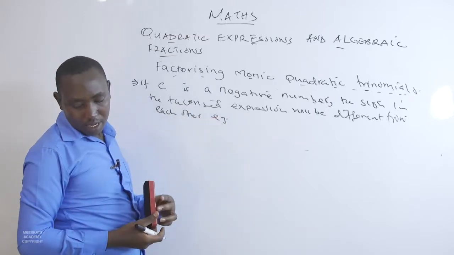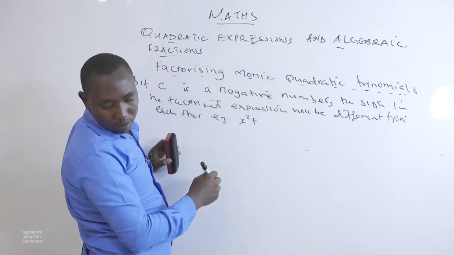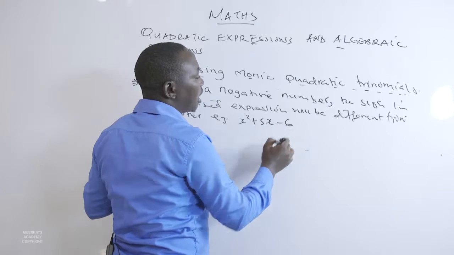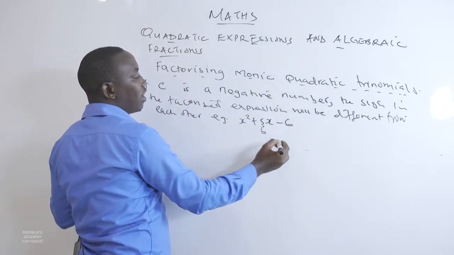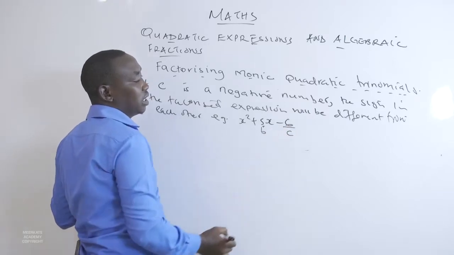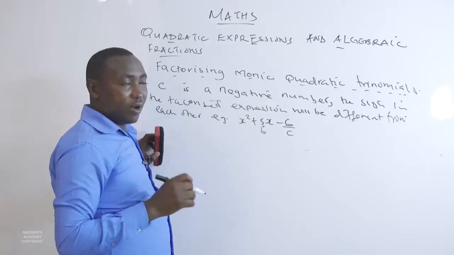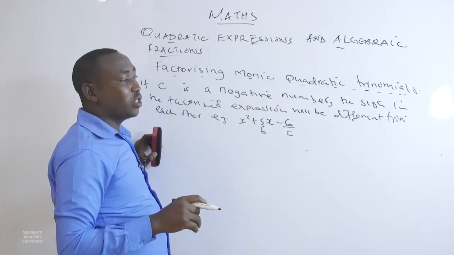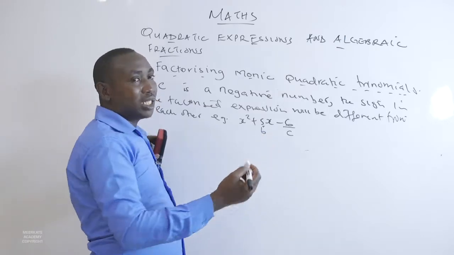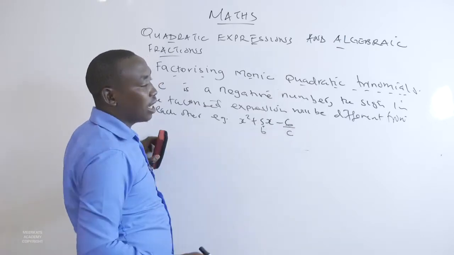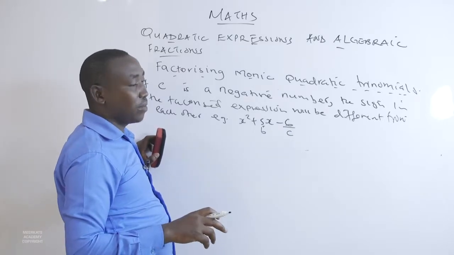Example given is when we had x squared plus 5x subtract 6. You can see this is our b, that is 5, and this is our c, which is negative 6. So it is a negative number. That tells us that the two factors are going to be of different signs. Now in this case, we look for numbers which when we multiply we get negative 6, and when we add we get positive 5.